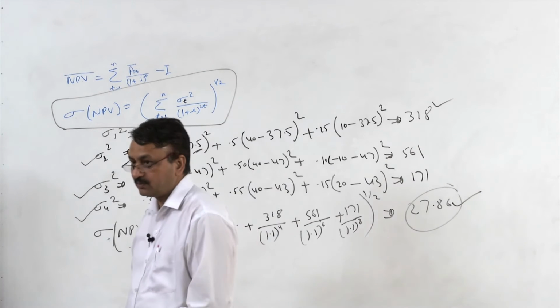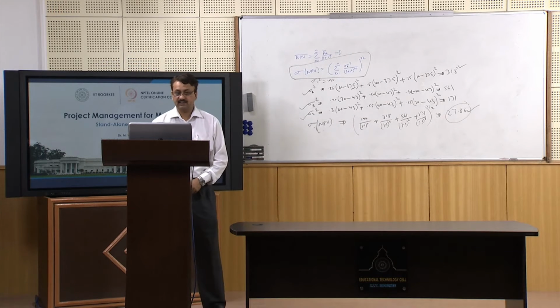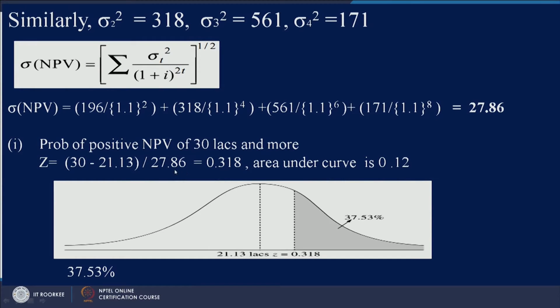Now what is the probability that the project would have positive NPV of 30 lakh and more than that? For that you need to calculate Z value, and Z value is x minus mu divided by standard deviation. So mean is 21.13 for this particular problem.